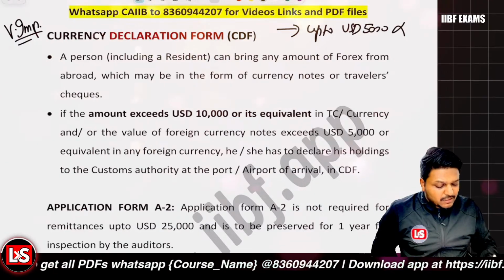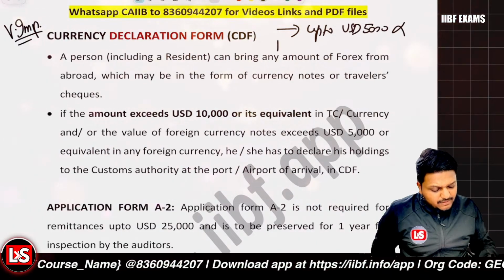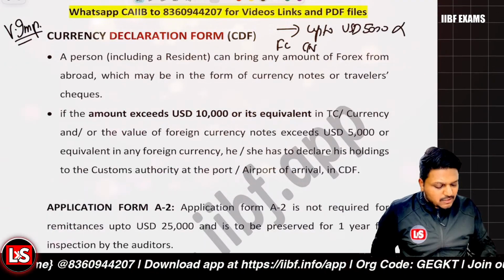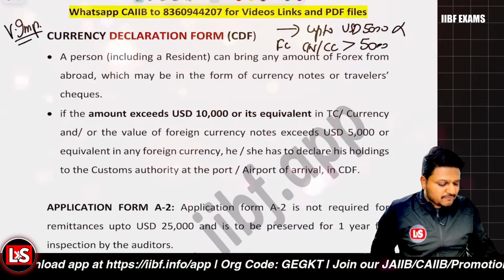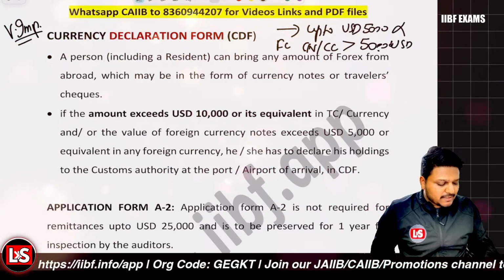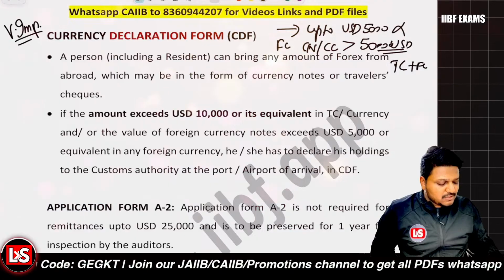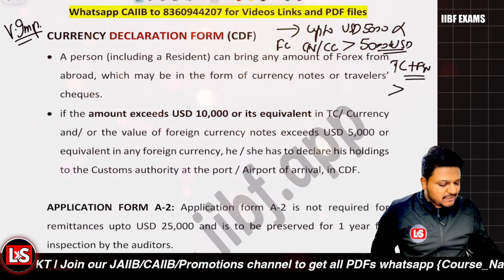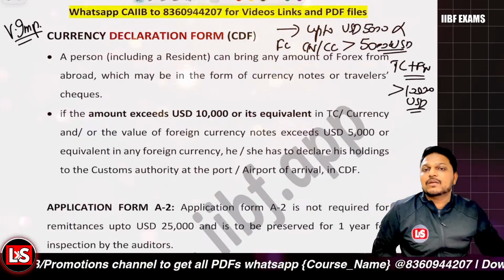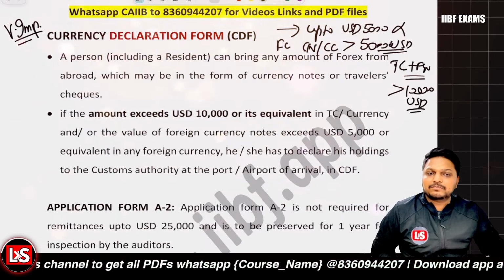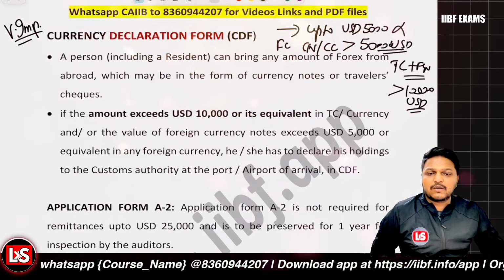But if you're coming with foreign currency notes and coins exceeding USD 5000, or let's say you have traveler's checks plus foreign currency notes and coins exceeding USD 10,000, then in that scenario you have to file the Currency Declaration Form with the customs authority at the airport of arrival.